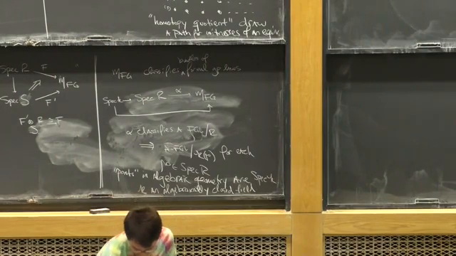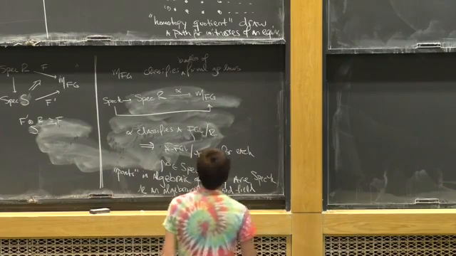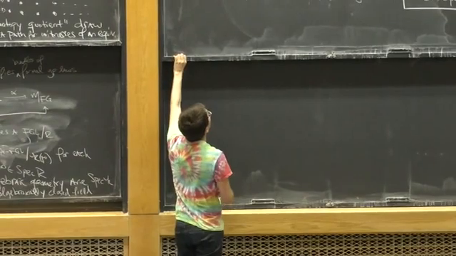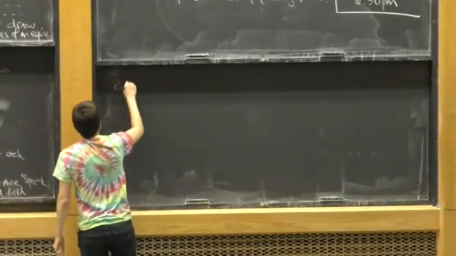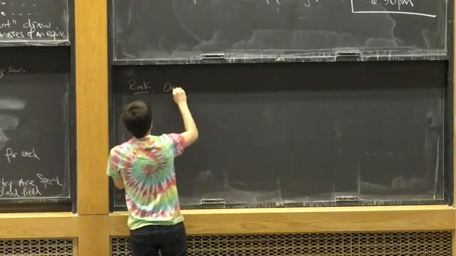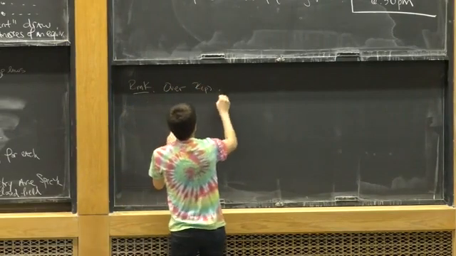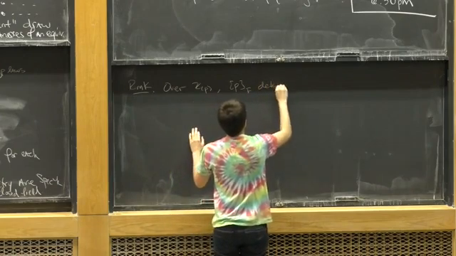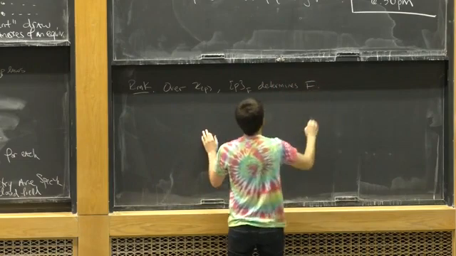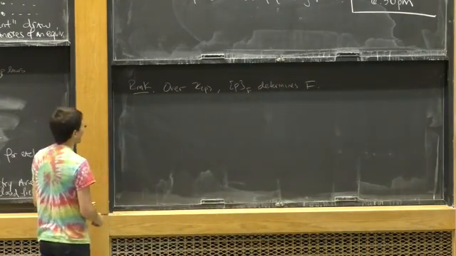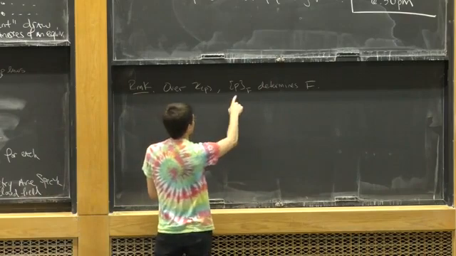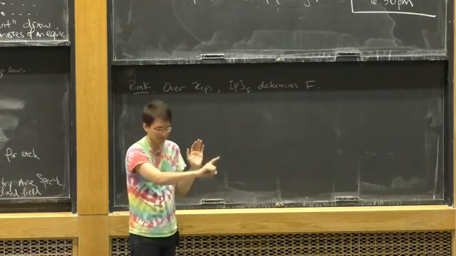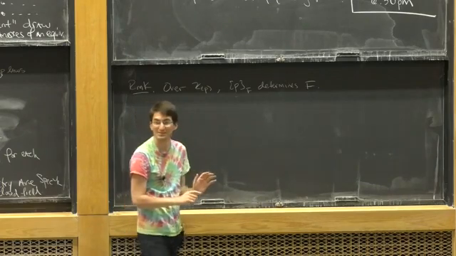I want to make one other point before I move to these comodules. This is a remark, maybe an aside, which is that over Z localized at P, the P series of F determines F. So the P series of F determines F, and the P series is determined by those VIs, or some other choices of those VIs, if you like.